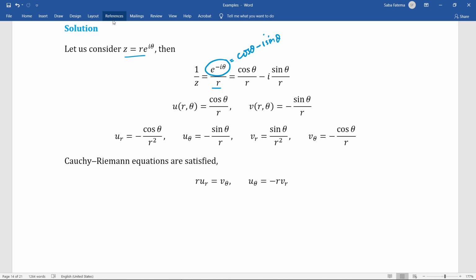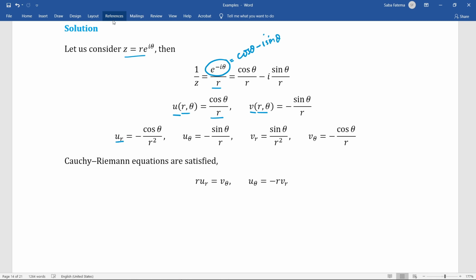And then here we get u equals cos theta over r and v equals negative of sin theta over r. Here both u and v are functions of r and theta, so we can easily calculate all the 4 partial derivatives.